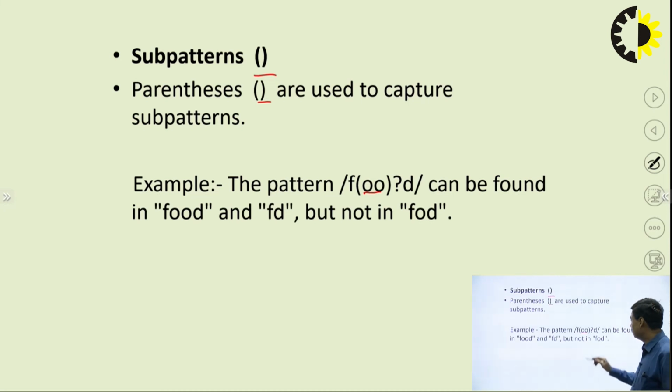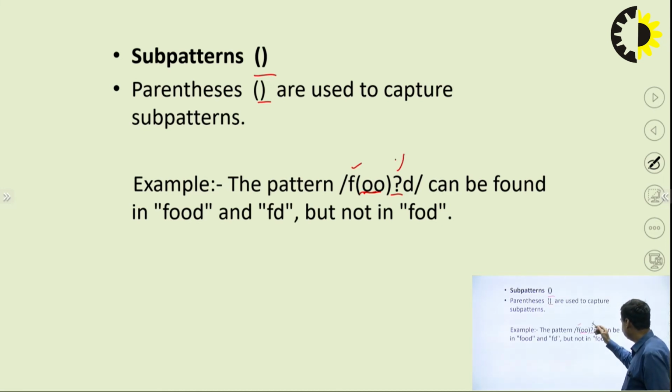Now the pattern is defined: F, then within the parentheses OO, then D, and then we put a question mark. We have already discussed that the question mark means anything before it can occur 0 times or 1 time. So this subpattern either will not be present, or if present, it will be present only 1 time.